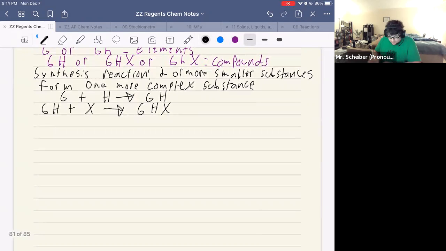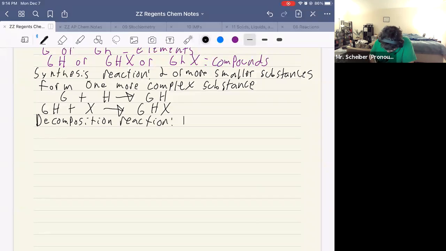And then decomposition is the opposite of synthesis. So a decomposition reaction is where you have one complex substance that turns into two or more simple substances.